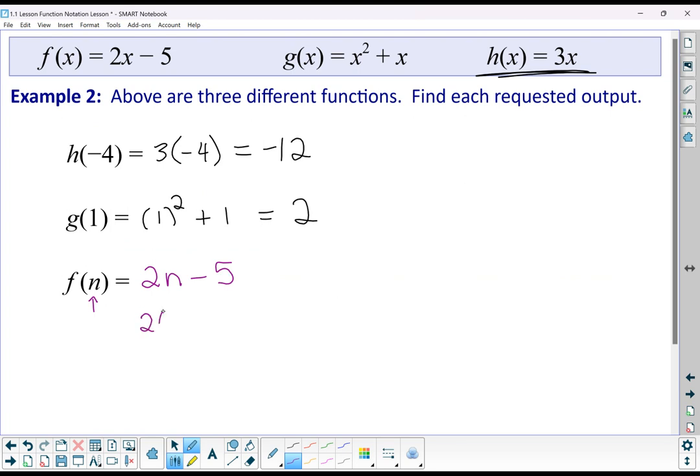You could write it with parentheses if it feels better for you, like a substitution of n. But if we have 2 times n, we can just write it as 2n. So even though we are inputting a variable, we can do that as well. And obviously, in this case, we don't have a number for our answer. We just have this expression as our answer.